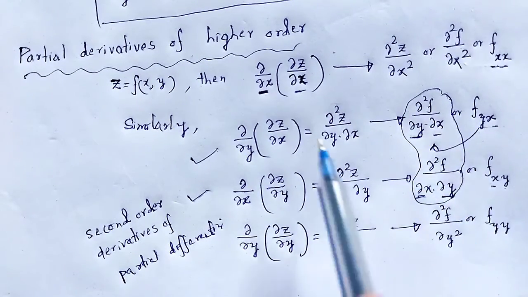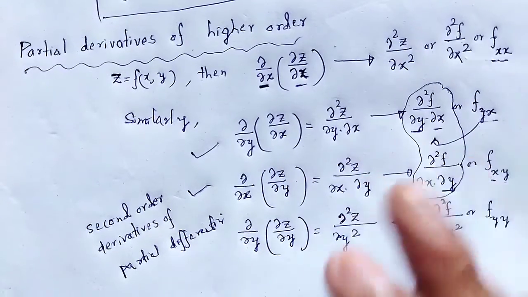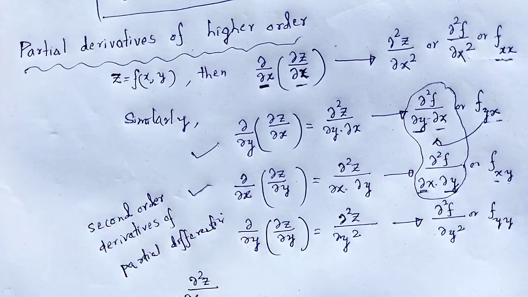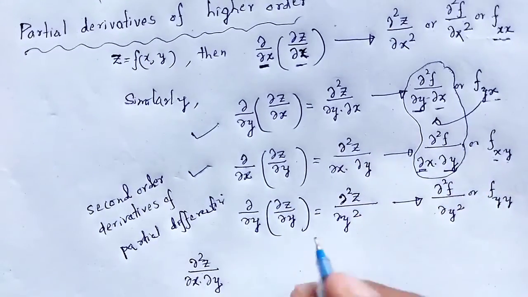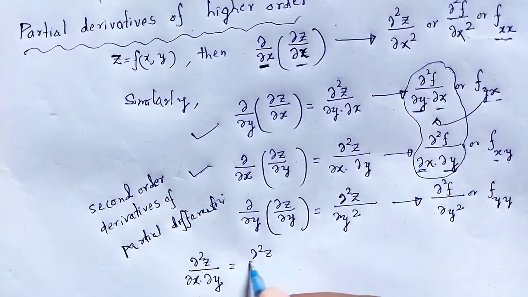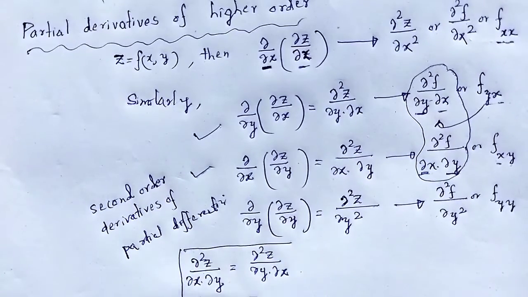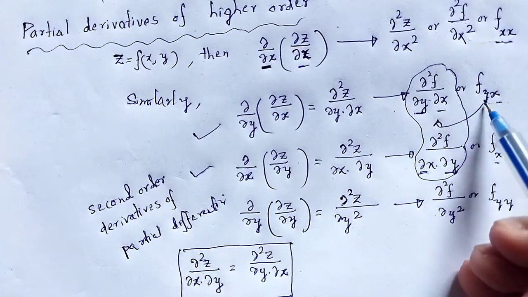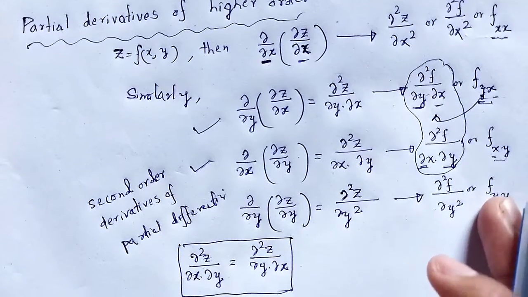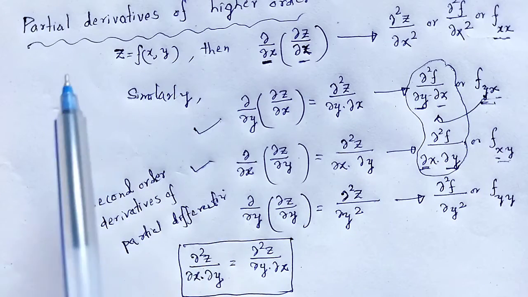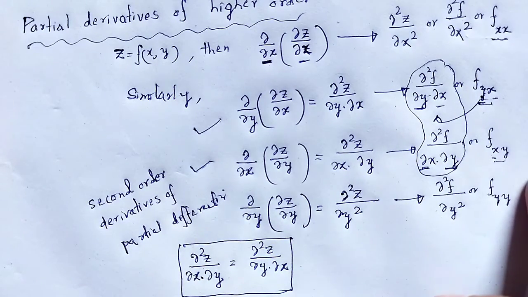Note that these two, what we call before, del square z by del x del y is equal to del square z divided by del y del x. These are equal. F of yx is equal to f of xy. That means when we interchange del x and del y, the value remains constant. This is the partial derivatives of higher orders.